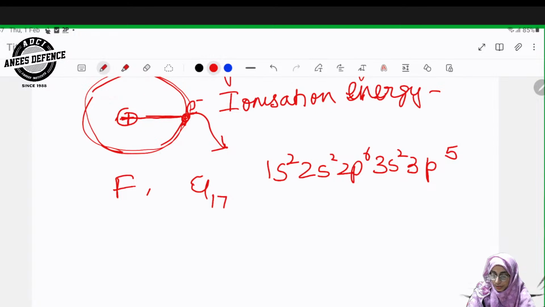The last electron lies in the p orbital. P-block elements include elements from group 13 to group 18.